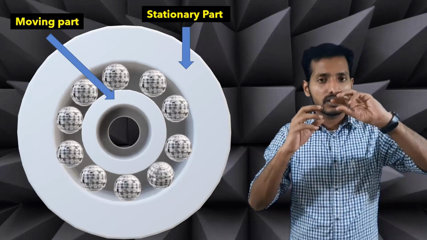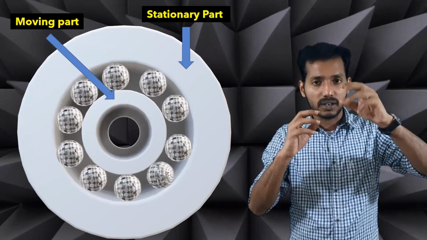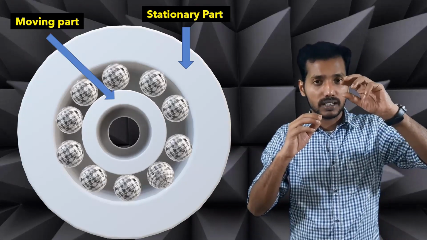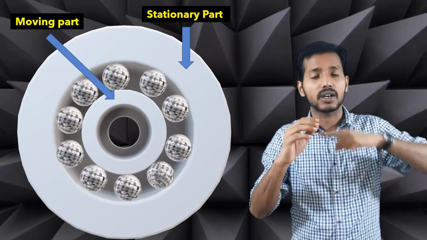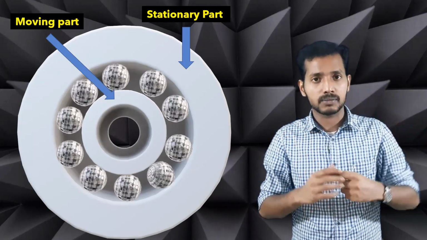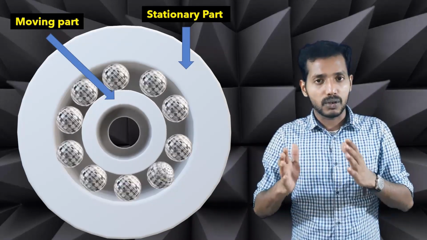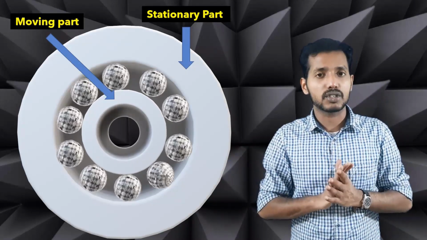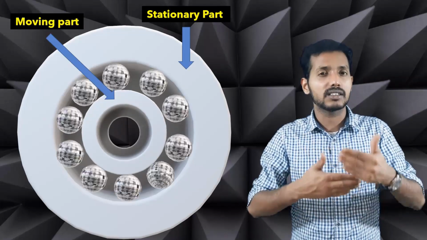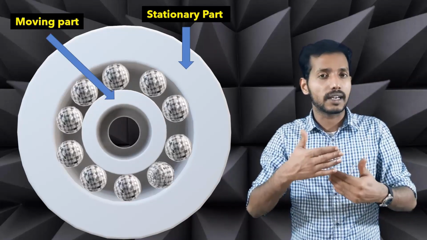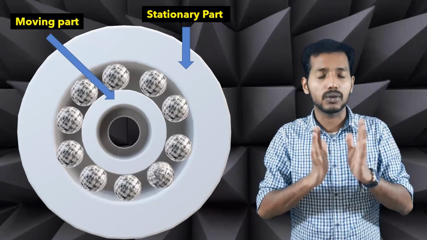In this animation, these balls are just rotating about a particular axis, but in reality these balls rotate and also revolve around the moving axis of the moving part of the machinery. Because this animation is not that appropriate, you can search other media. You will get a clear animation of how ball bearings work.